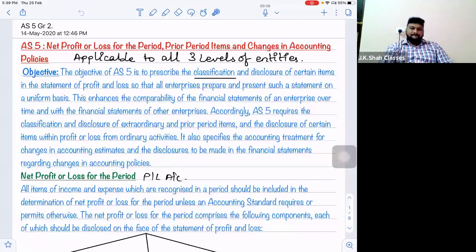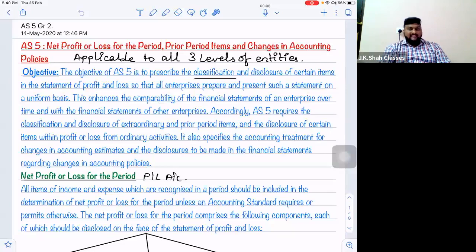Amrita, your answer is not correct with respect to that. Sir, the profit and loss account is prepared for a specific period, so whatever income or expense we incur or not incur during the particular year should be recorded. Whether we incur or not, it should be recorded for that particular period.